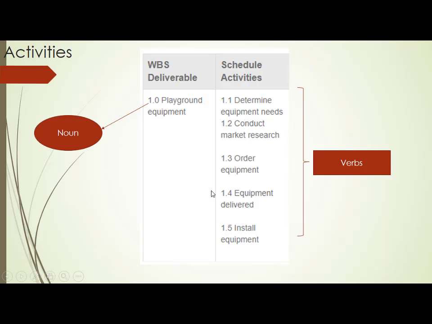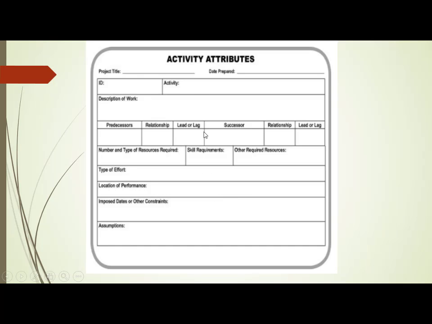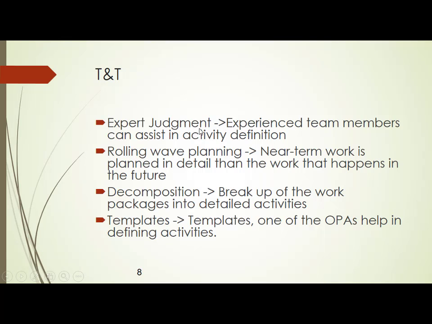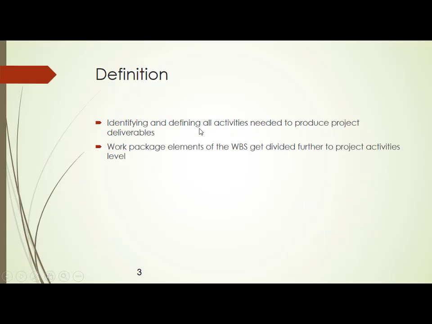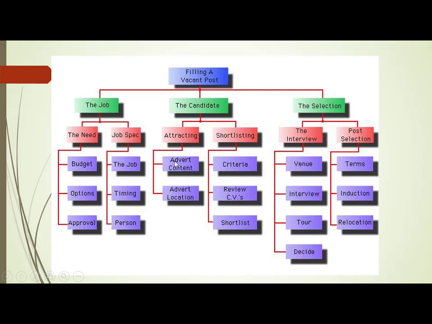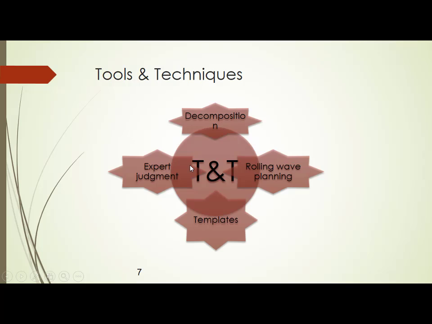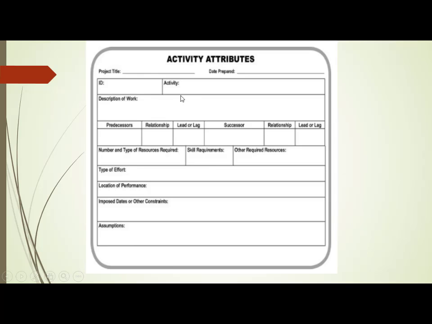So what you are supposed to do here, now you will go to this activity attributes, you will put the ID, you will put the activity. For example, in this case, what is the activity here? You will take this one only, advertising the content. Advertising the content is the activity. So I am going to write the activity as advertising the content.